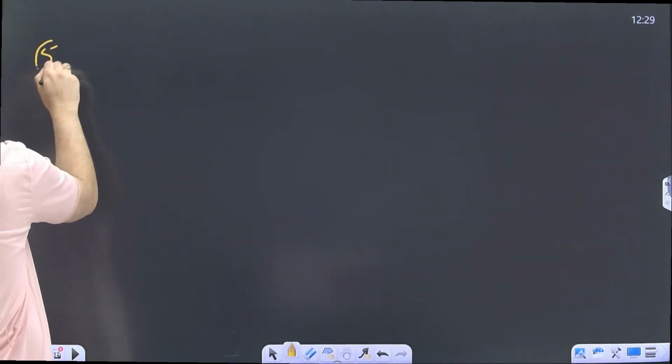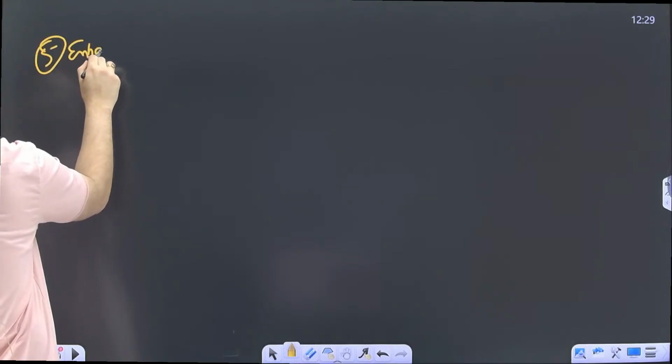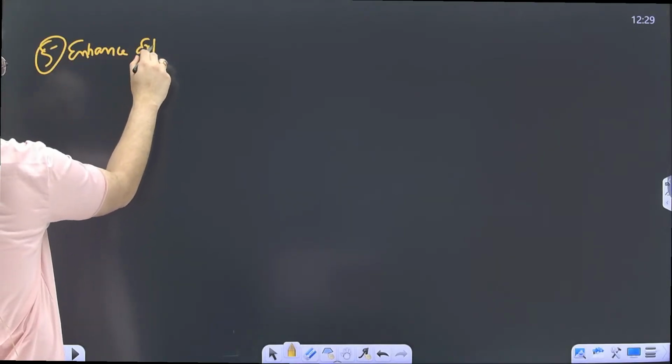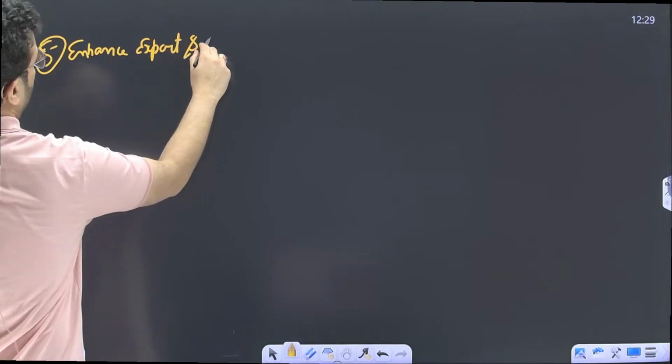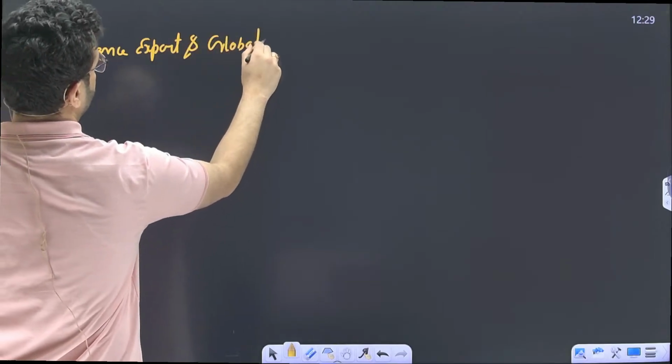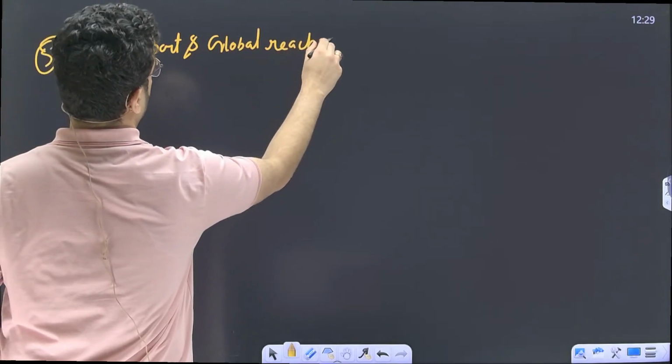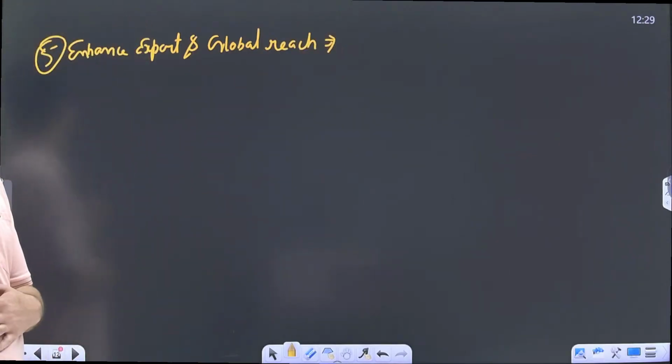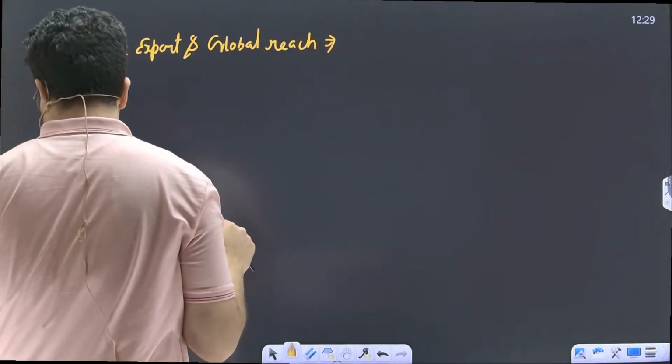Then apart from that, enhance export and global reach. It can also enhance the export and global reach as well.